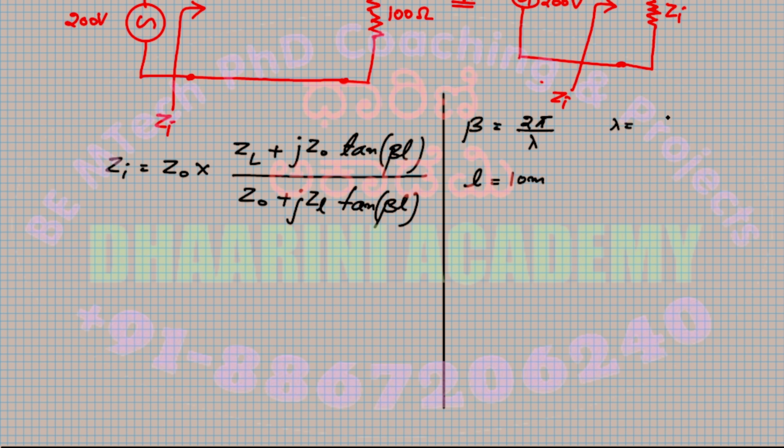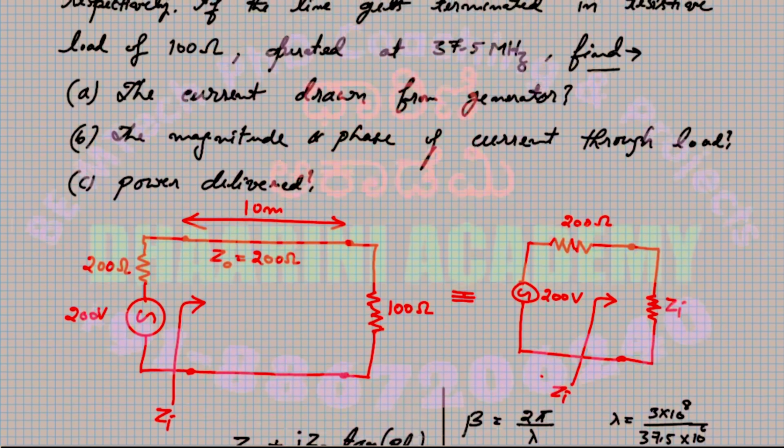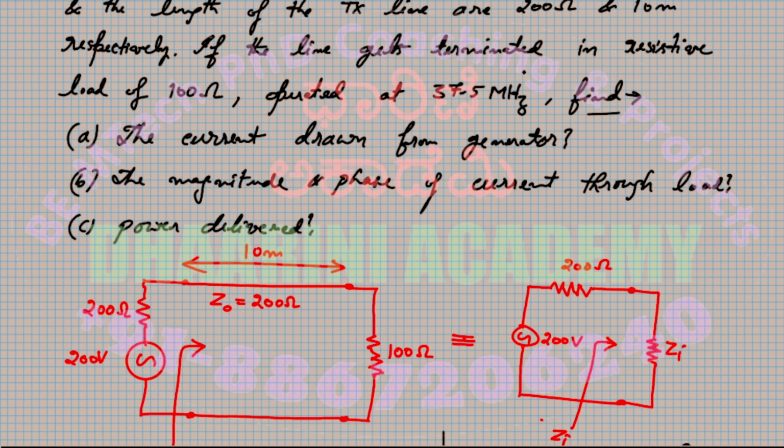C is equal to 3 into 10 to the 8 divided by 37.5 megahertz, so 10 to the power 6. Yes, the frequency is 37.5 megahertz, operated at 37.5. So that's the value of the frequency given.